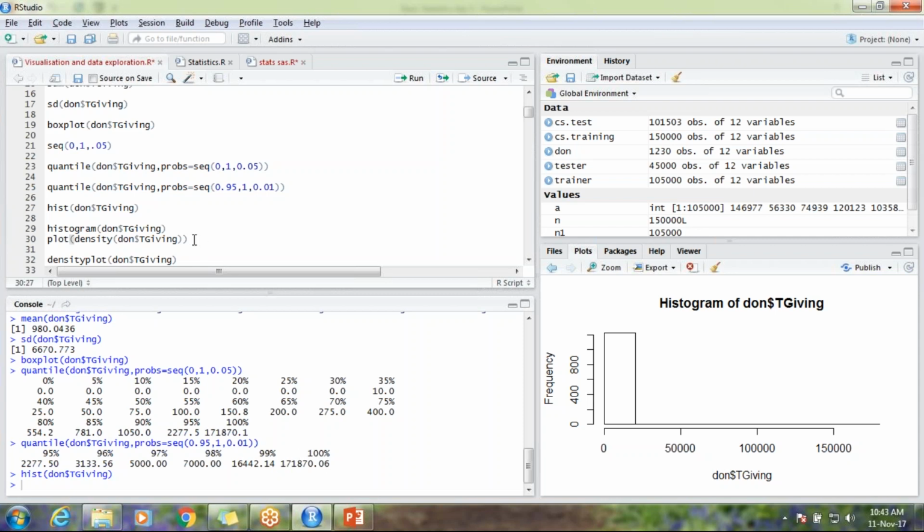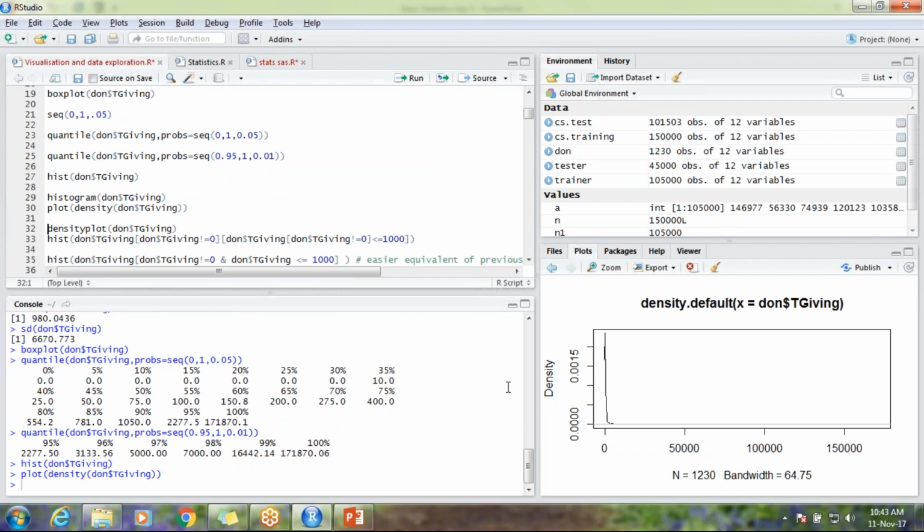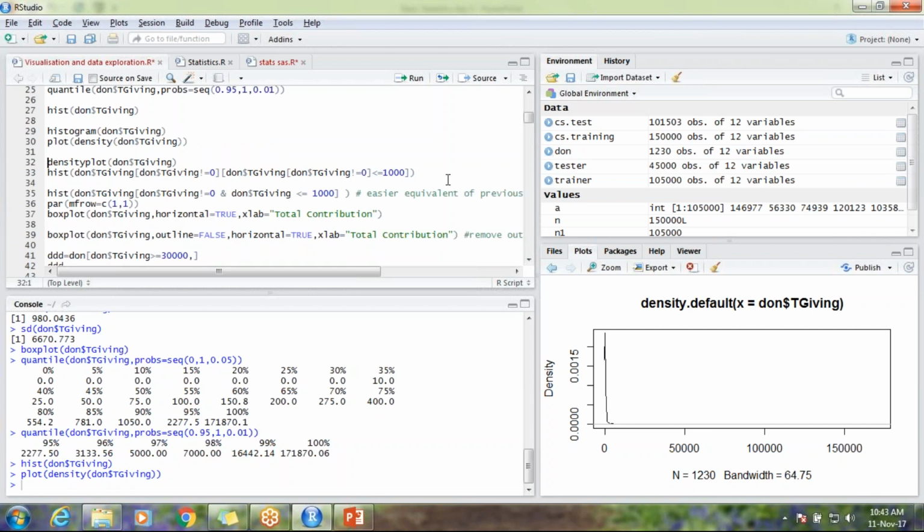So let us take a density plot and understand. See, there is a spike near zero, but apart from that, very insignificant values towards the end. In this way, I'm not able to comprehend my data properly if I consider the entire range. So what I'm doing here is segmenting my data, and I have figured out that 1,000 is my range.